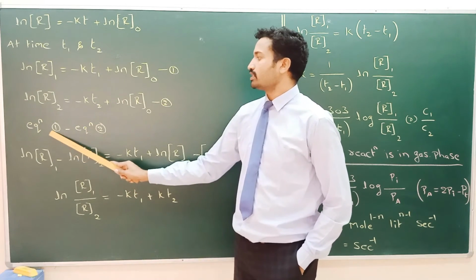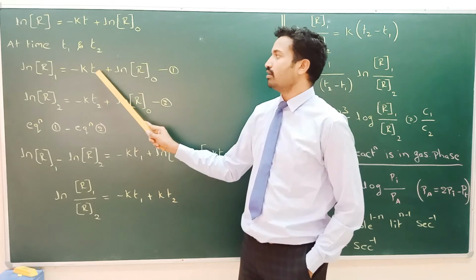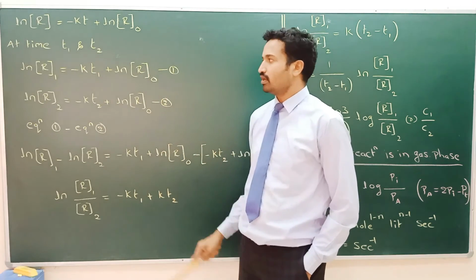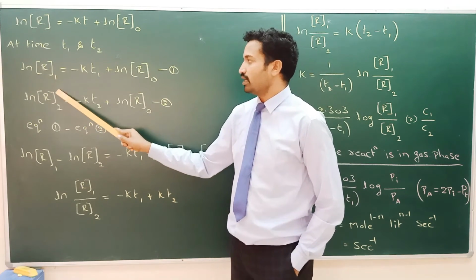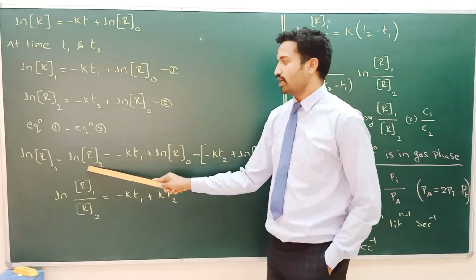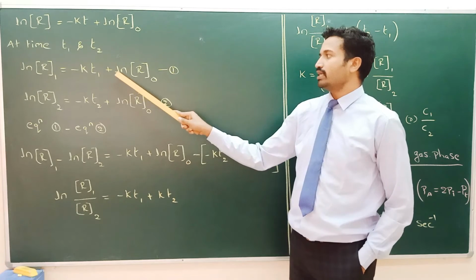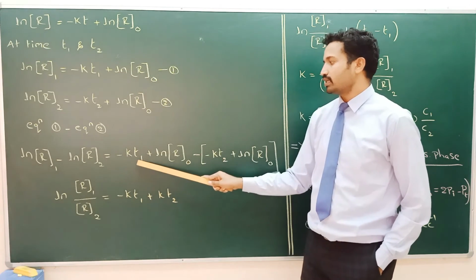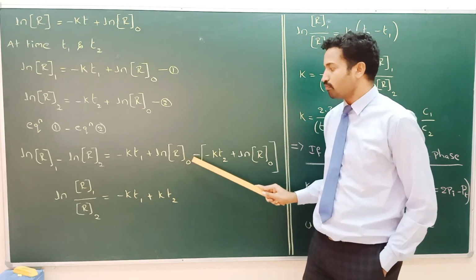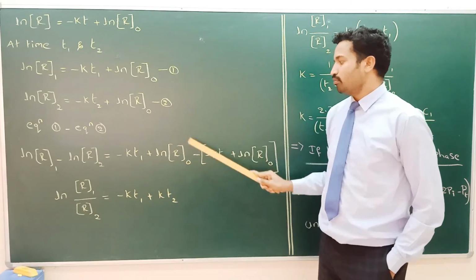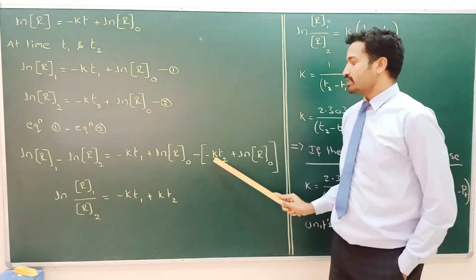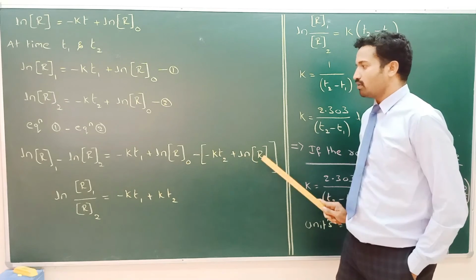Now equation 1 minus equation 2. Then ln R1 minus ln R2 is equal to minus KT1 plus ln R0, minus, minus KT2 plus ln R0.